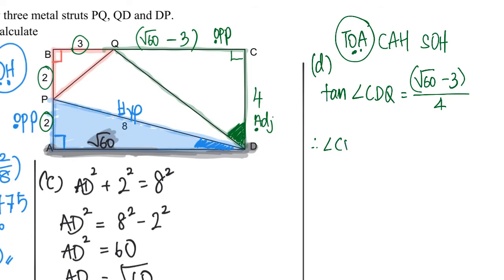Therefore, I will be able to get my CDQ pretty straightforward. Tangent inverse of square root 60 minus 3 is on top, 4 is below. Press your calculator neatly and correctly.